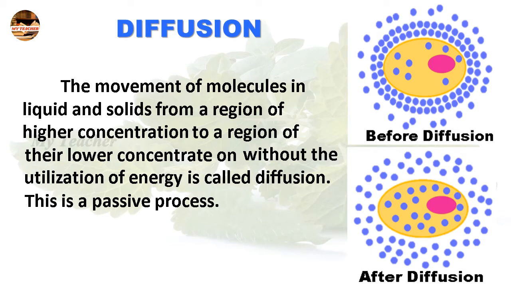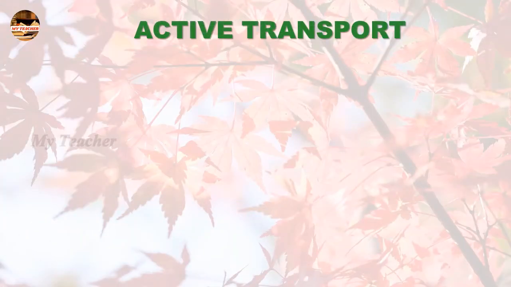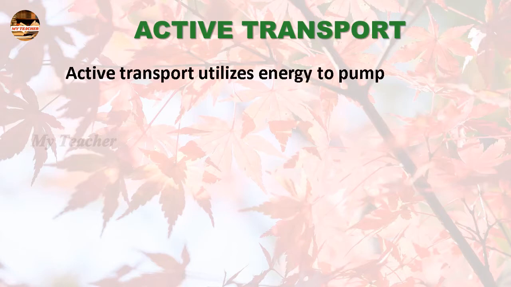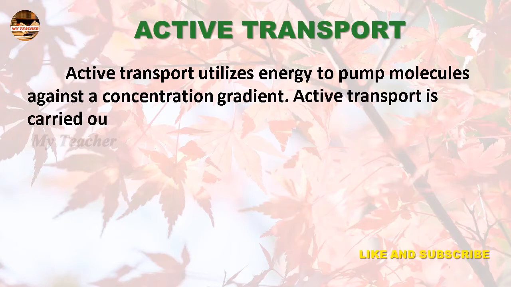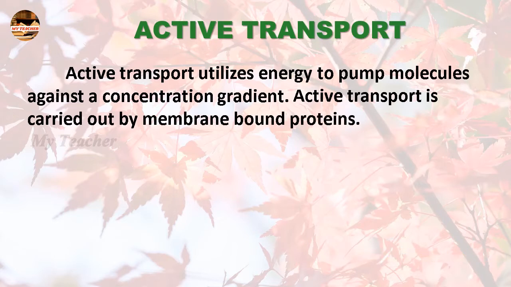Observe the diagram. You can see the number of molecules before and after diffusion. Active transport. Active transport utilizes energy to pump molecules against a concentration gradient. Active transport is carried out by membrane-bound proteins.